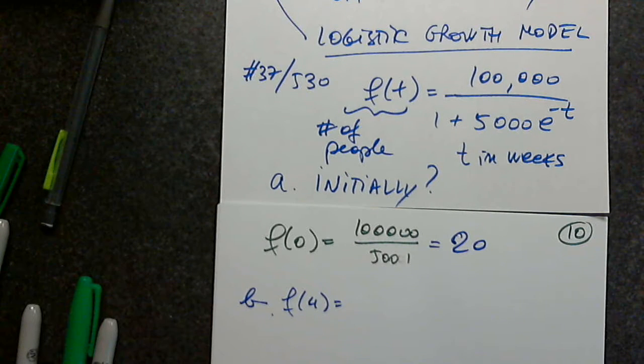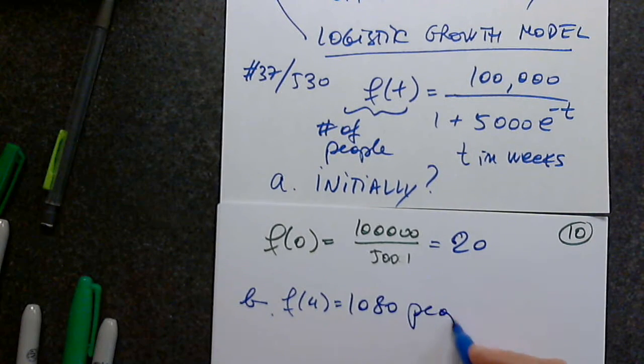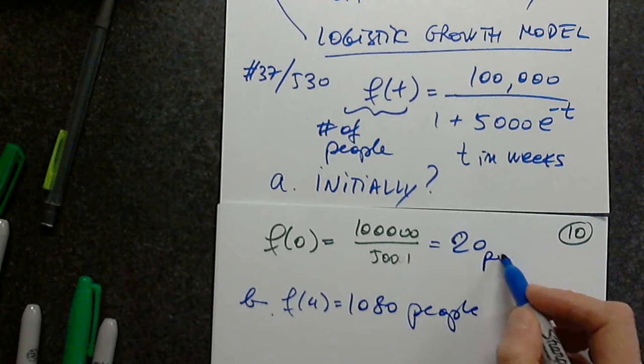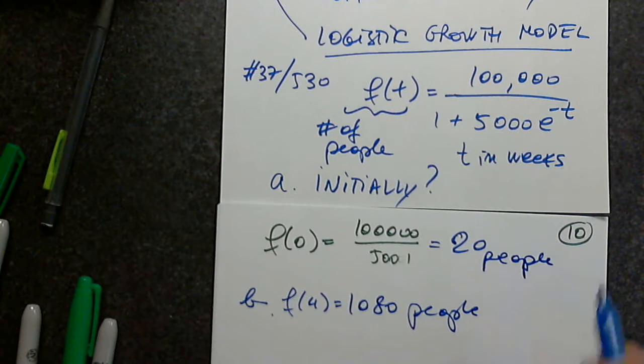And press enter. So 1,080 people, don't forget the measurement unit. 1,080 people were ill, starting with roughly 20, by the end of the 4th week.